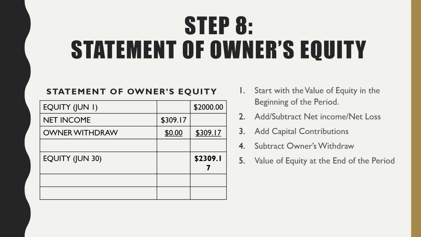If it's a negative number, then it's straightforward: you subtract that number. At the end of the accounting period, you have a new value in your owner's equity. Here, I made a profit and reinvested it into my company, so it is now worth $23.09.